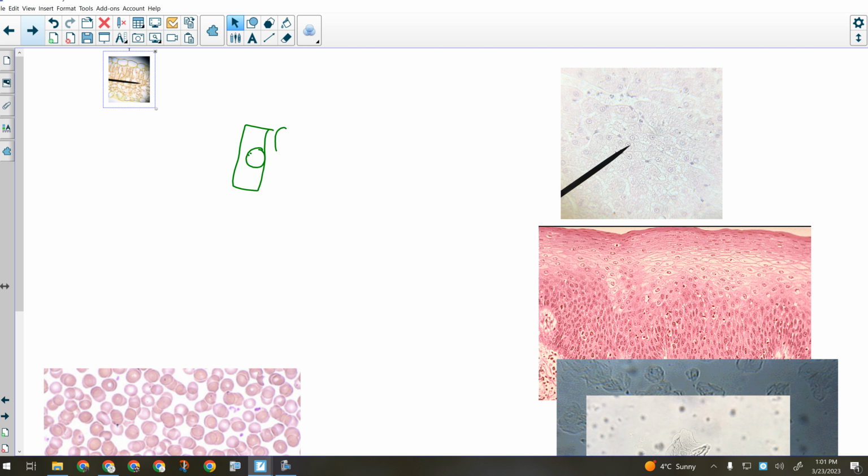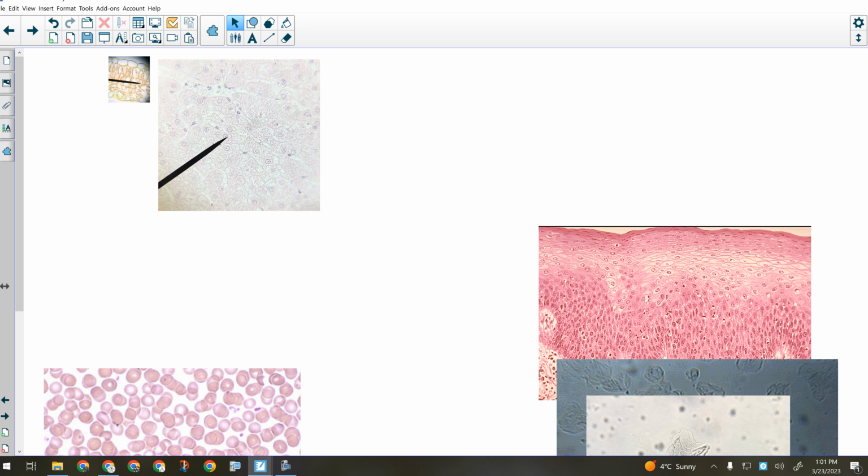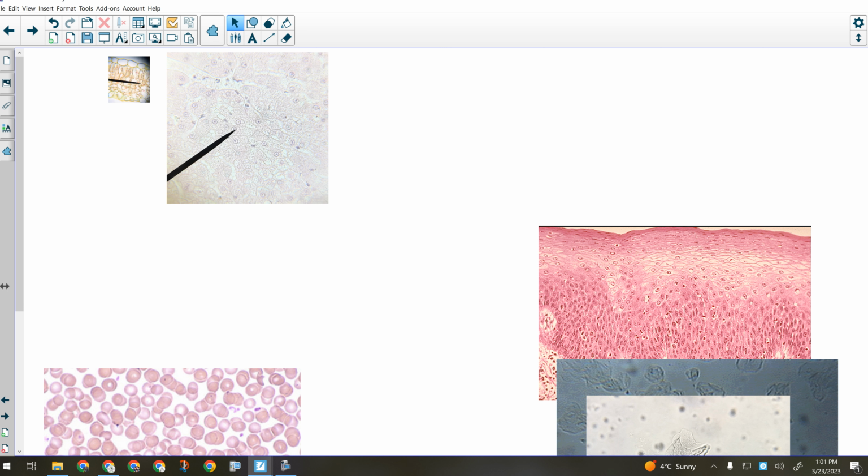Your animal cell is going to look, oh sorry, we're doing 4 slides, sorry. Your animal cell is going to look either like this one or like this one, depending on what dye pattern you get.